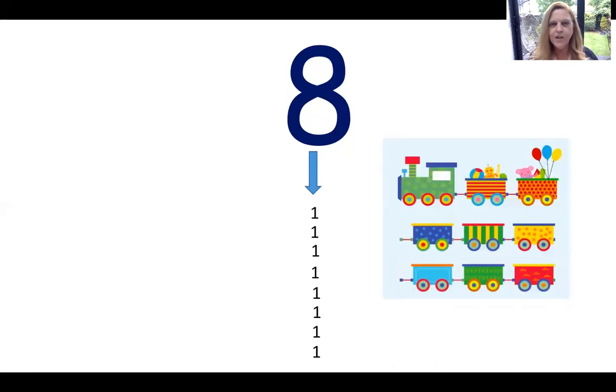And we have a picture of an engine, and then it's got some carriages, and it's got 2 carriages, and then it's got 3 more, 1, 2, 3, and 3 more, 1, 2, 3, and 2 and 3 and 3 makes 8. So that engine's going to have 8 carriages.